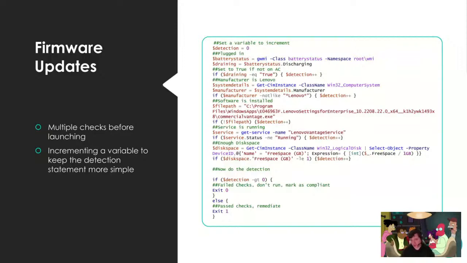And then we're basically just checking if that's more than one. So if you look at the variable, we've triggered it if it's not plugged in, not a Lenovo, the software is not there, or the service isn't running. So if it fails any one of those checks, it will not run the remediation script. If it passes them all, you'll have a detection of 0, and it'll pass through with an exit code of 1, which triggers the remediation script.